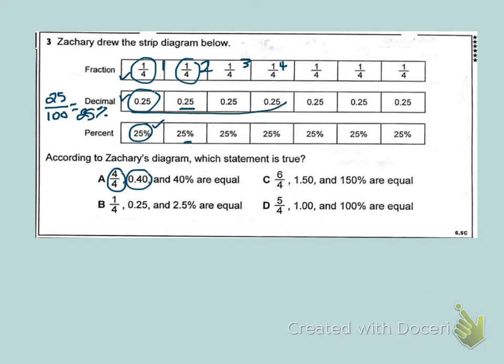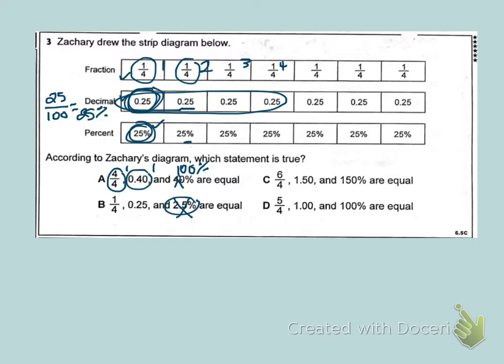So if you add up 4 of these, 1, 2, 3, 4, 4/4 equals 1 whole. So then that means that decimal should be 1 whole. And your percent, if you have 1 whole, then you have 100%. So that's not correct. If you have 1/4, you have 0.25. That's correct because it's right here.